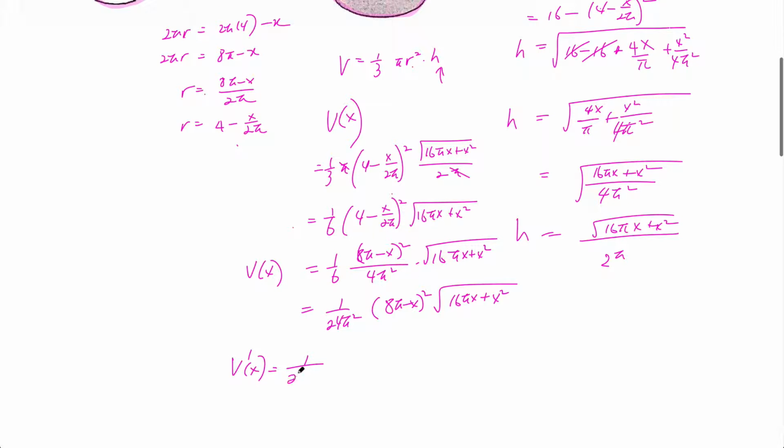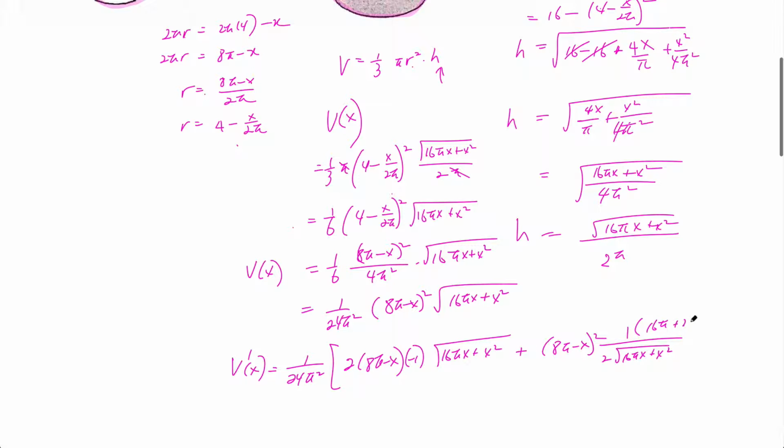So now let's differentiate. Okay, this is not going to be involved, right? So we get 2, 8 pi minus x. Differentiate that, you get minus 1. Plus. Differentiate that, we get this. And then chain it, and you get 16 pi plus 2x.